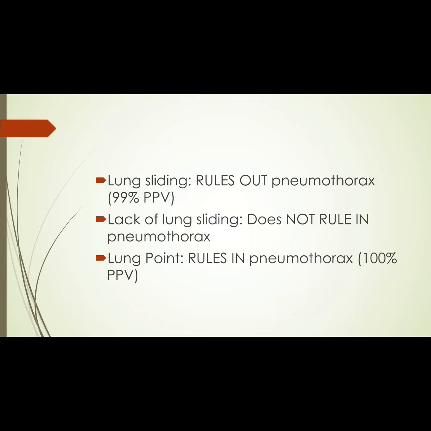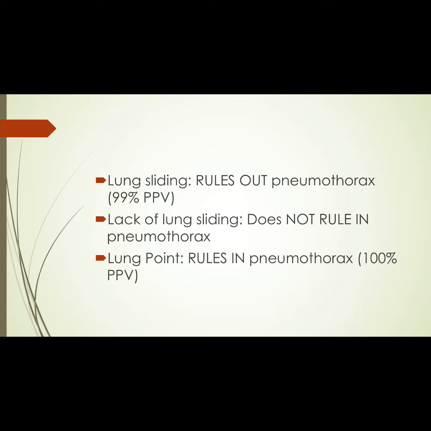If you're on the left side and you have a right mainstem, a COPD patient with bleb, prior pleurodesis, infections, pneumonias, consolidations, these can cause a lack of lung sliding. So obviously if you get a trauma patient in, and you have lack of lung sliding, you're pretty comfortable knowing that's going to be a pneumothorax. But if you have another patient, a medical patient, COPD, etc., and you find it, don't automatically think it's a pneumo, you might want to work that patient up a little bit more.